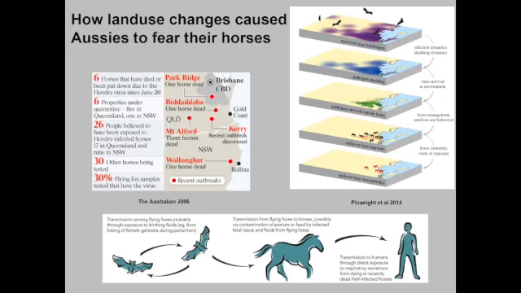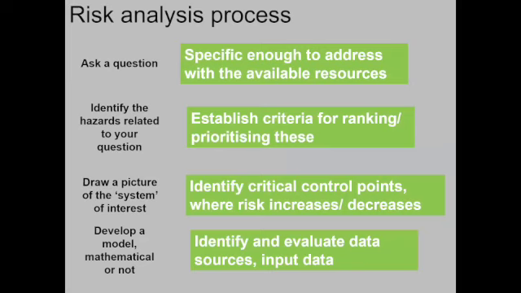Hendra virus then killed horses, then vets did postmortems on the horses that died from Hendra virus, and that killed some vets as well. So this is looking at how land use change altered the epidemiology of a virus within that One Health structure.